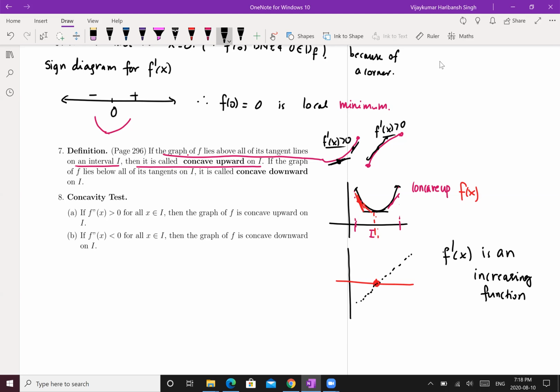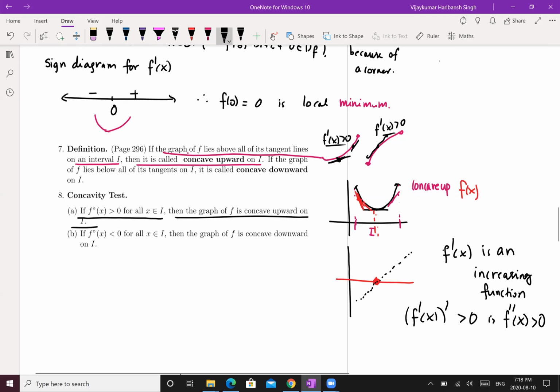And for every increasing function, the derivative is greater than 0. That is the same as saying f double prime x is greater than 0. So we say that if the second derivative is greater than 0, then the graph is concave upward.